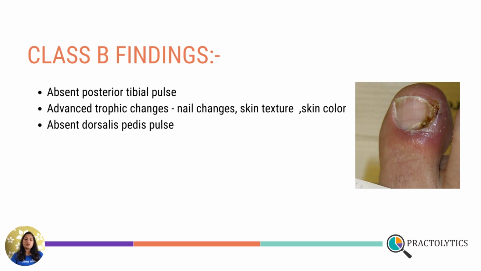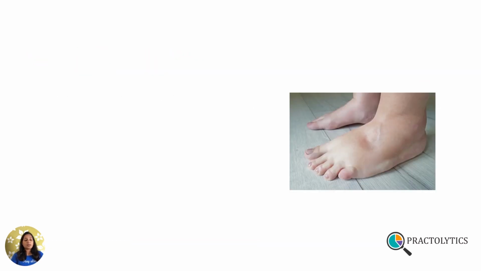It could be thickening or pigmentary changes, discolorations, change in the texture of the skin. If the skin is becoming thin, shiny, or any skin color changes like redness, rubor, all these three are required. And absent dorsalis pedis pulse. These should be categorized into class B findings.